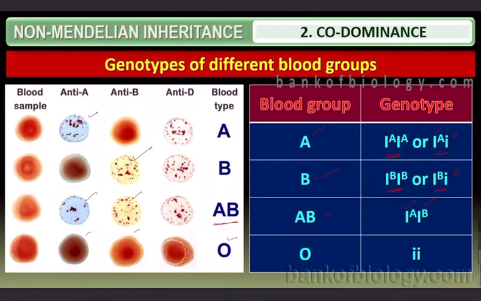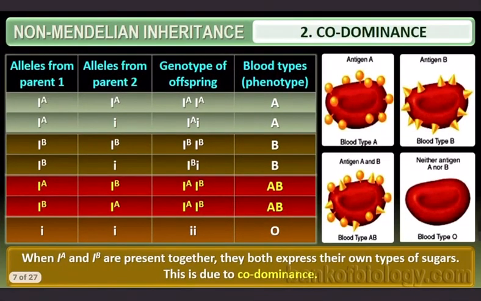You can see in AB blood group here presence of antigen A, antigen B. So both are present. And in IO you are seeing neither antigen A nor antigen B. So it remains O blood group. I0, I0. So this is what you should remember. This is the basis of classification of blood groups.